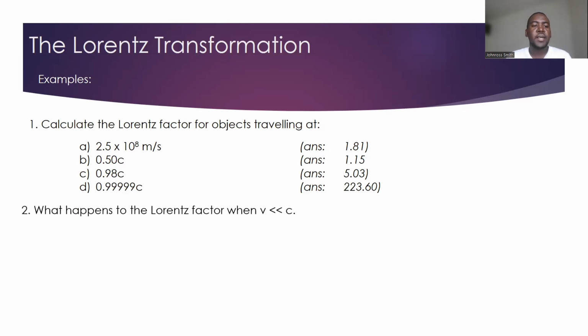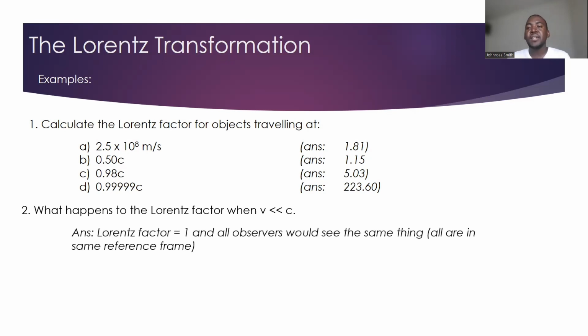Now, the second question asks, what happens to the Lorentz factor if the speed is extremely small compared to the speed of light? So if an object is traveling extremely slowly compared to the speed of light, or the reference frame is traveling slower than the speed of light, then the Lorentz factor is equal to 1, and all observers will see the same thing.